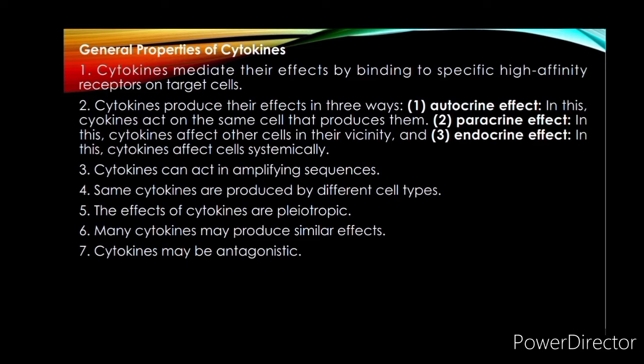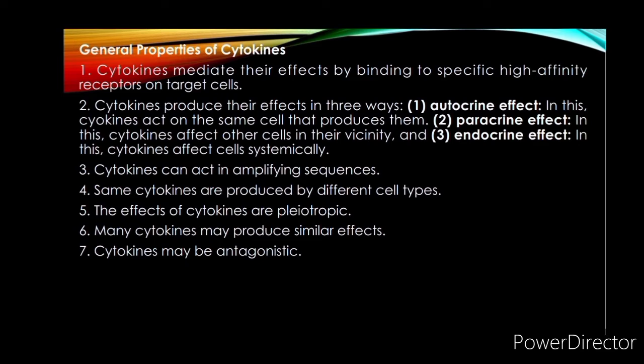Number 3, cytokines can act in amplifying sequences. For example, TNF induces IL-1 production, which in turn drives IL-6 synthesis. Next, the same cytokines are produced by different cell types.